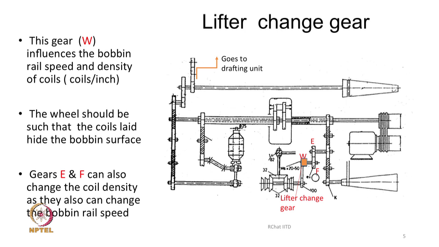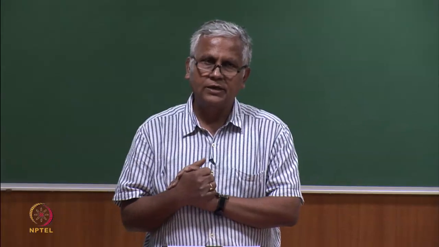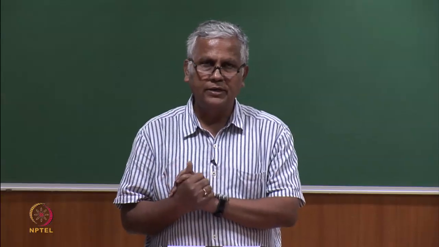The other thing that we need to change on a roving frame is the lift. That is, we may need to change the traverse rate of the bobbin rail.